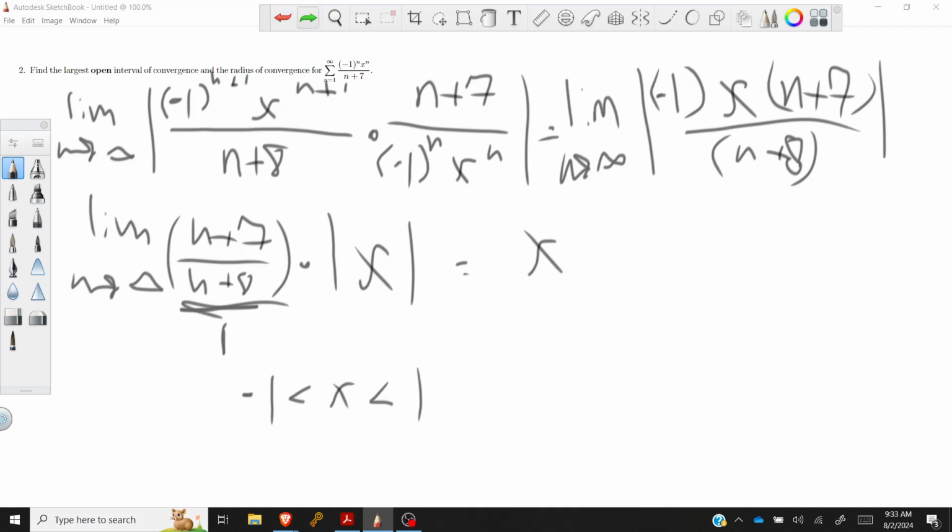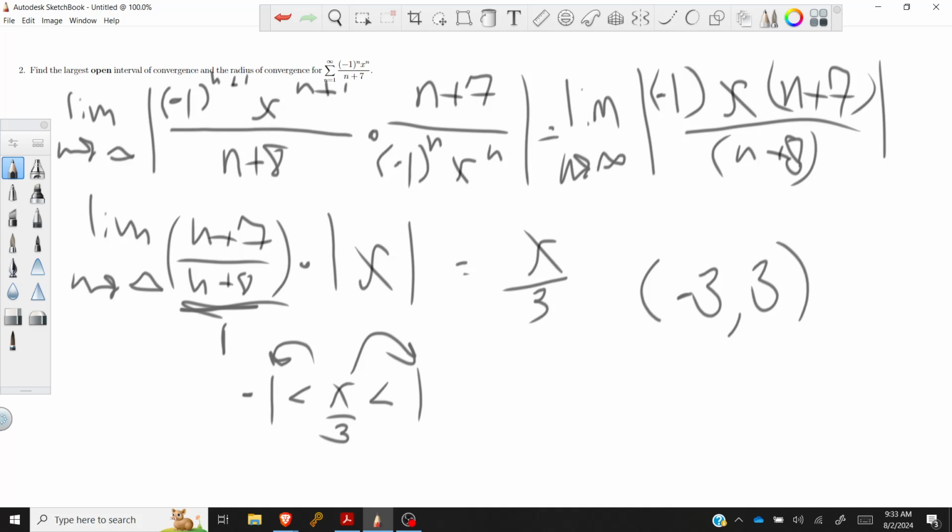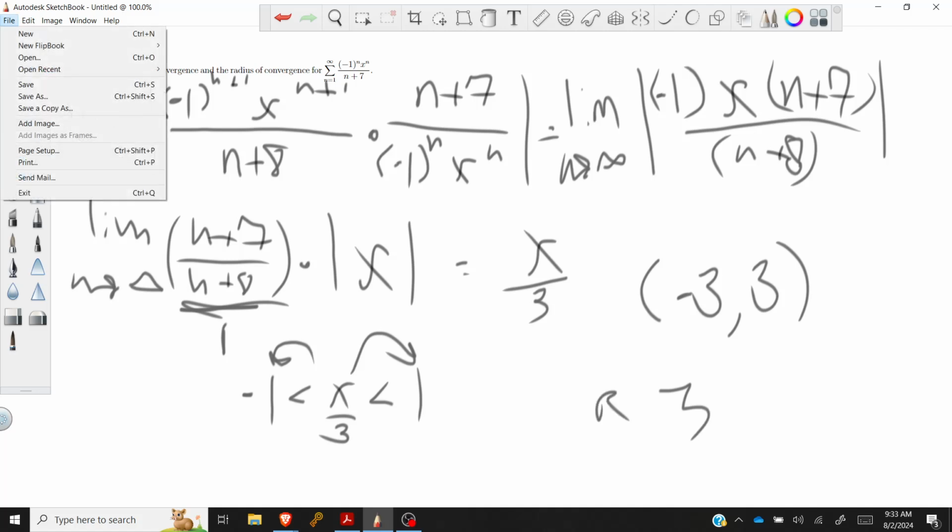Let's say this was like x over 3. Well, now you'd need to solve for x, so you'd multiply by 3 on both sides, and you'd get your interval of convergence to be -3 to 3, and your radius to be 3.